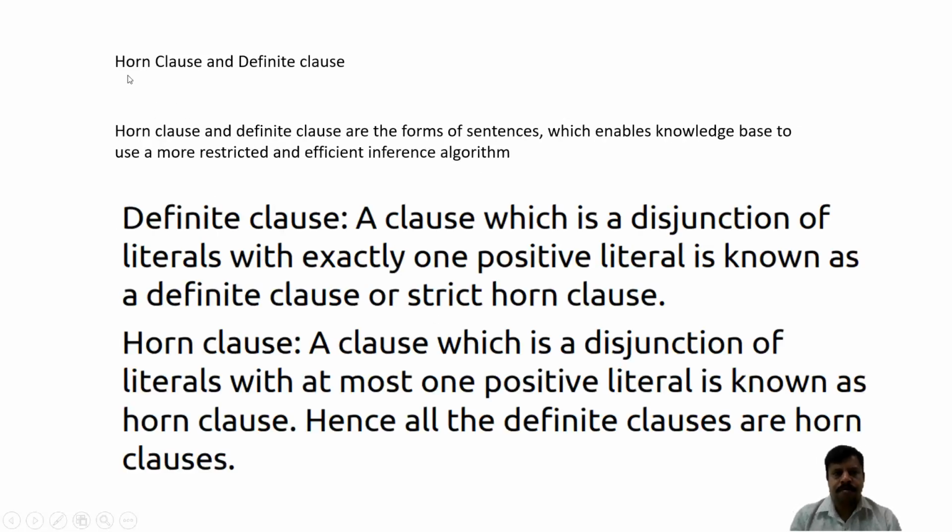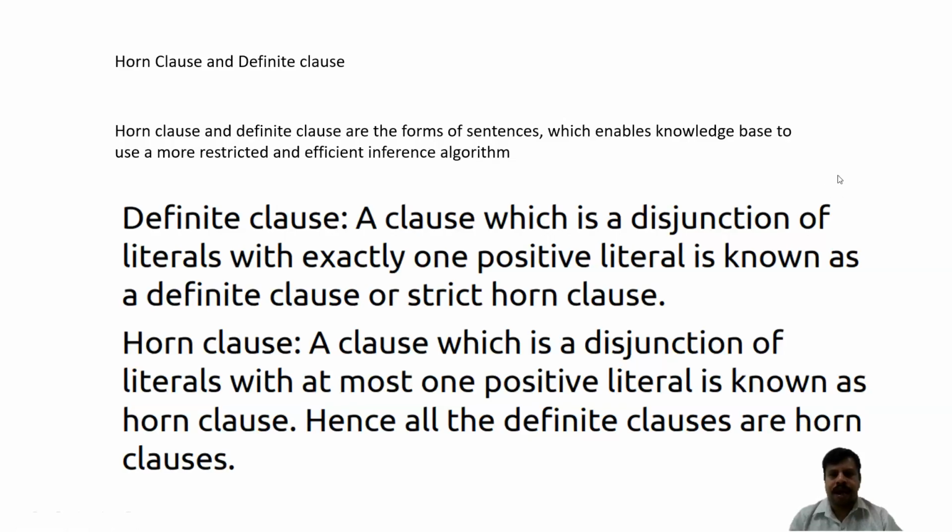Prior to that, we need to know what is meant by Horn clause and definite clause. Horn clause and definite clause are forms of sentences of first order logic which enable the knowledge base to use a more restricted and efficient inference algorithm.